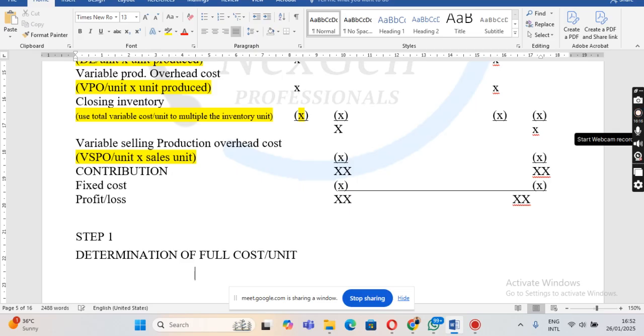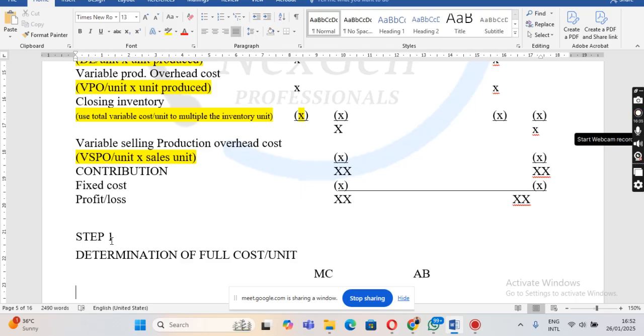So we assume that we have marginal costing, MC, then absorption costing, AC. Please don't use AC and MC in the exam. I beg you, please.